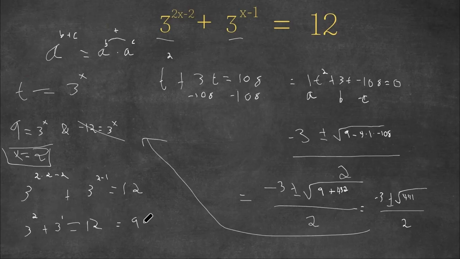So we have 9 plus 3 equals 12. So 12 does in fact equal 12. So because this is right, our solution of x equals 2 is right as well.